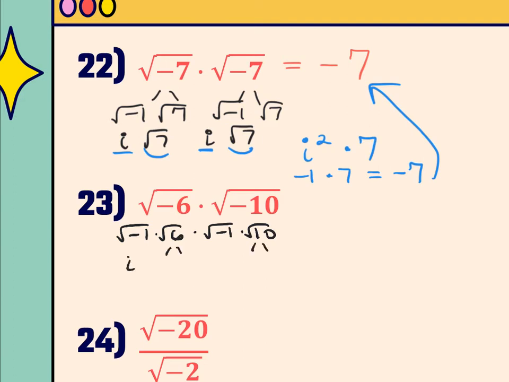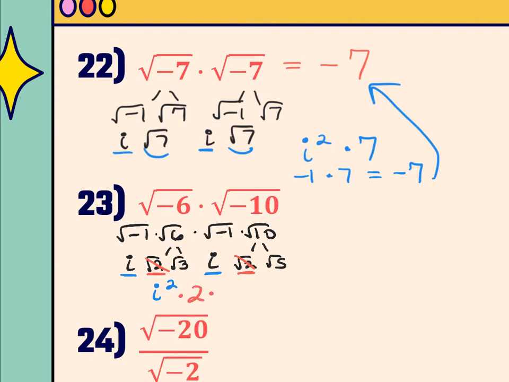So these become i's. This can become a square root of 2 and a square root of 3. Square root of 2, square root of 5. I'm at prime, so now I'm going to multiply these two. I get i squared. Multiply, make two pairs here. I got a pair of 2s, so a 2 comes out.